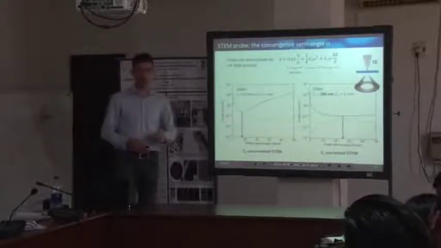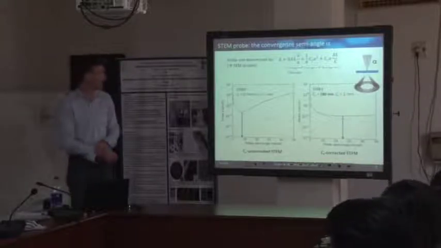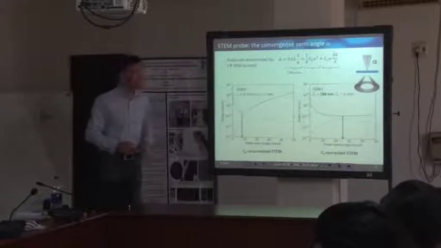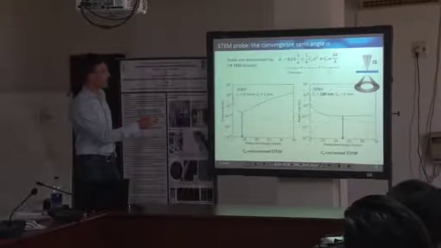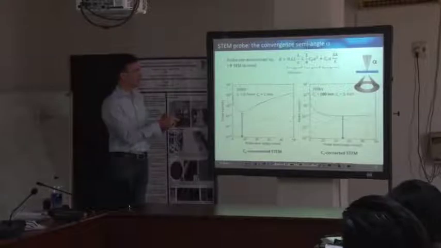There's one slide about the probe size, because we already talked intensively about the probe size of our electron beam. This is just a conclusion. We already learned that the diameter of our probe depends on our diffraction error, our spherical aberration, and the chromatic aberration.